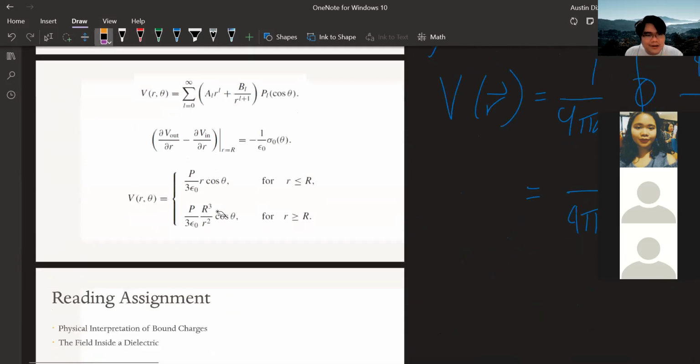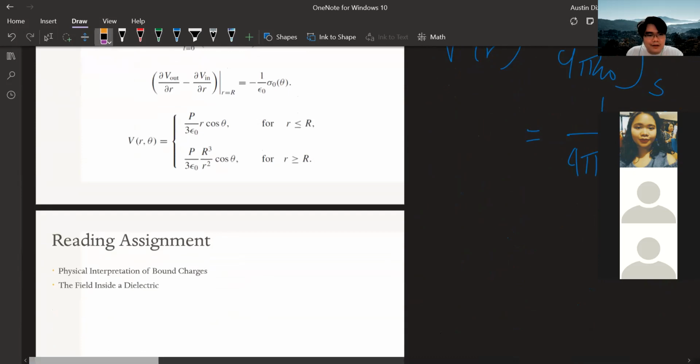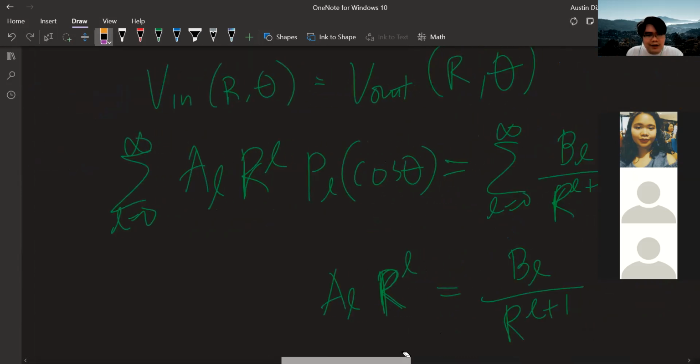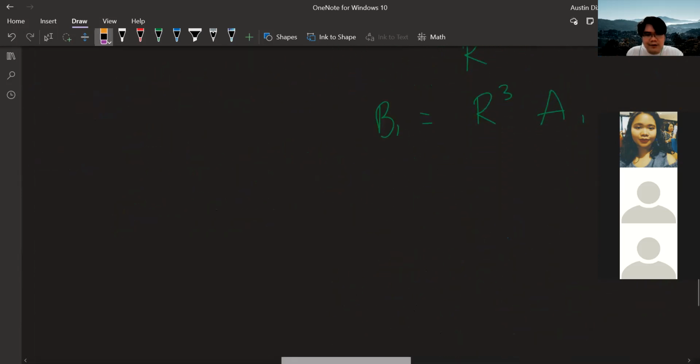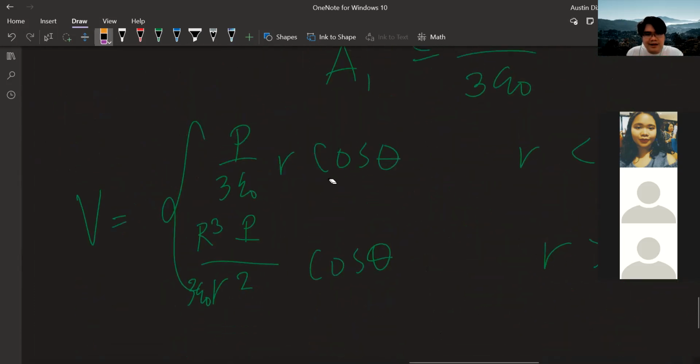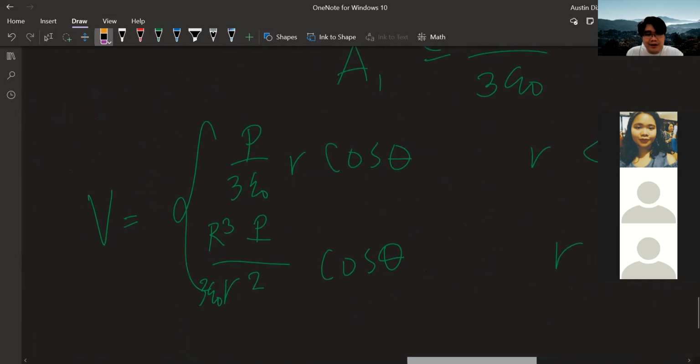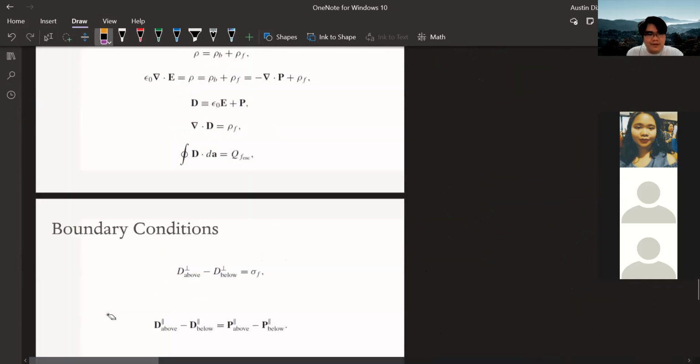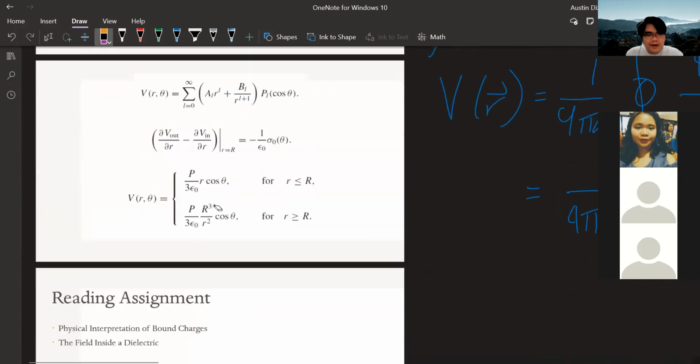Okay, so P R cos theta over 3 epsilon naught. Tapos yung denominator ay R cubed, so P R cubed over 3 epsilon naught R squared cosine theta.